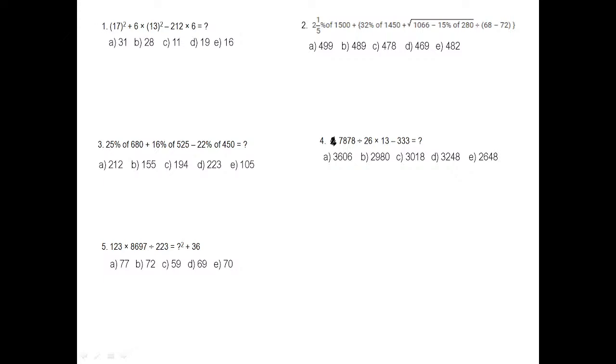Question number 1, 17 square. I am solving in a particular way that should be the best possible approach as a candidate in the exam. 17 square is 289, plus 6 into 169, minus 6, that means 1272. You can solve it that way, that is okay, but can we apply something different, that is unit digit and digit sum?